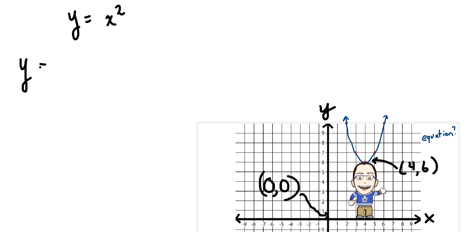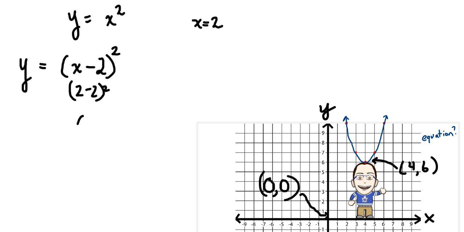I would say that what you want to look at is if you said, well, what happens if I choose a minus something, like 2, and square it, and what do you get? Well, when x equals 2, 2 minus 2 squared, the whole thing becomes 0.